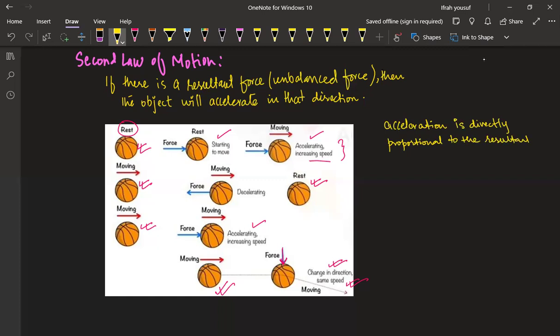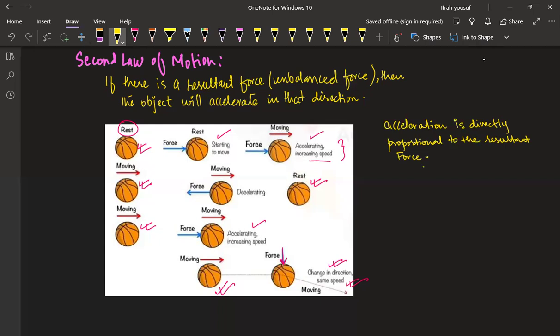Are you getting this concept or not? Yes, acceleration is directly proportional. Do you understand what directly proportional means? If I increase the force, definitely the magnitude of the acceleration will also increase. Clear? This is how the directly proportional relation is defined. So acceleration is proportional to the resultant force.